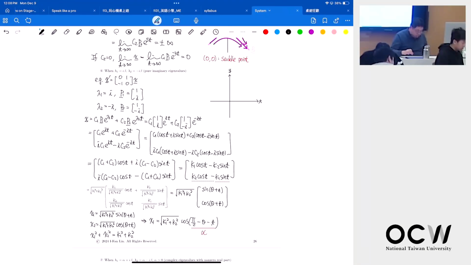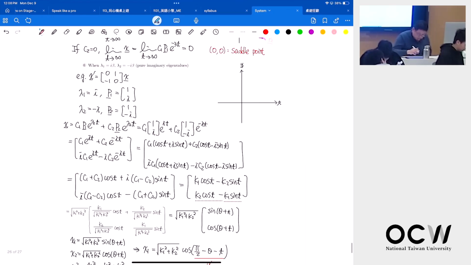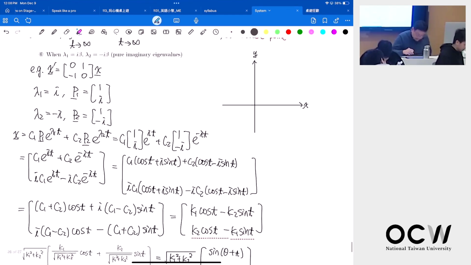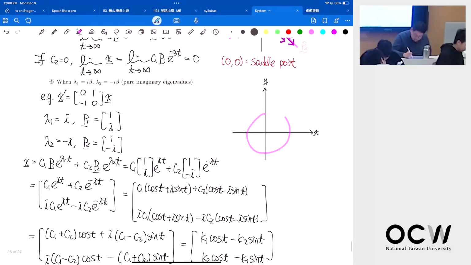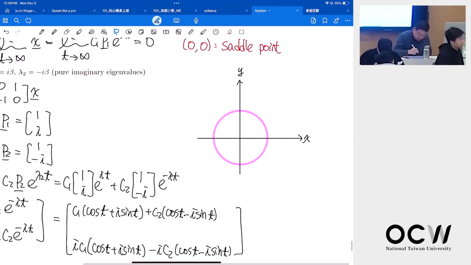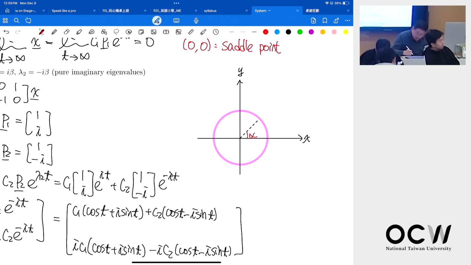Let's just draw this. You can see that this is just like a rotation. Let's plot this first. It's like an inner circle. Okay, and here we have the angle alpha and x.